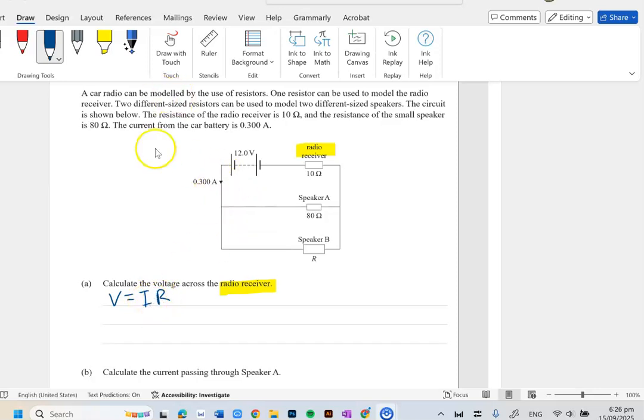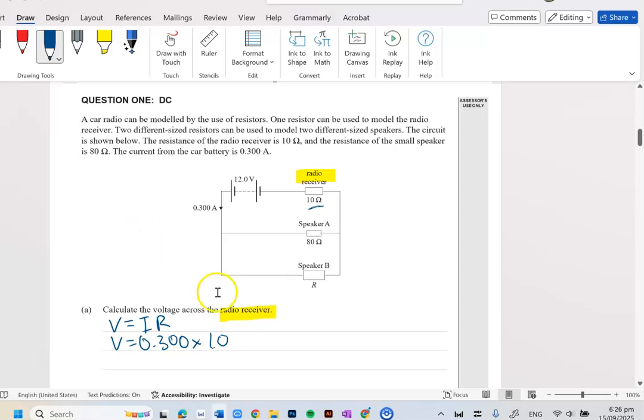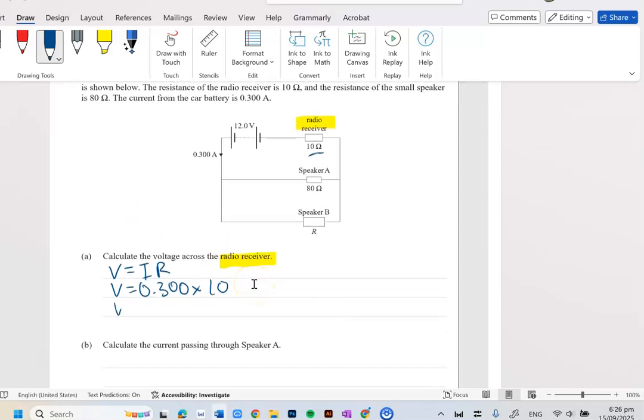The current is the 0.3 amps, so 0.3 times the resistance, which is 10 ohms here. So that will equal V equals 3 volts. Okay, very easy achieved question.